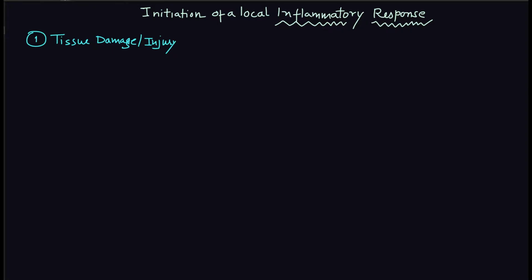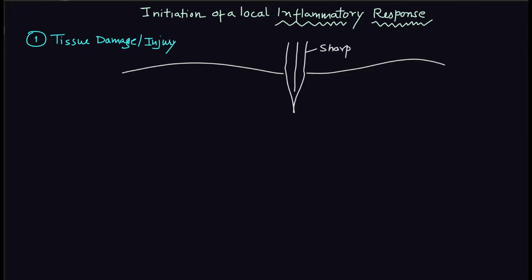To explain this, let me design the structure of skin, and I will show that there is a sharp object causing a deep tissue injury or deep tissue damage. So this is this sharp object, and because of this there is a tissue injury or the tissue damage.